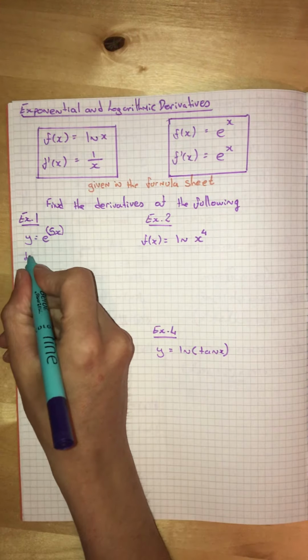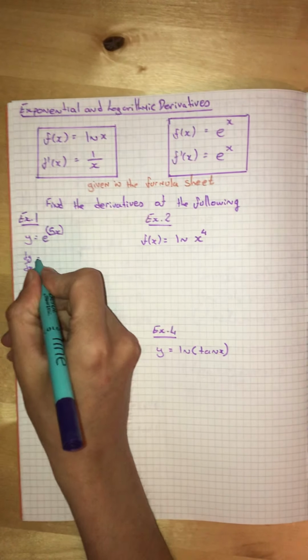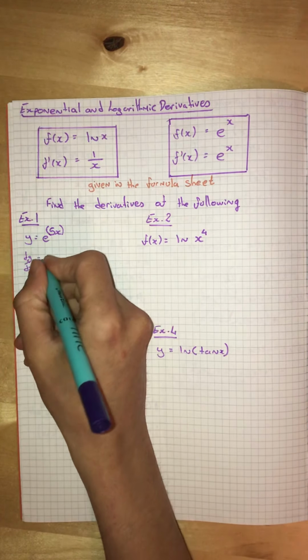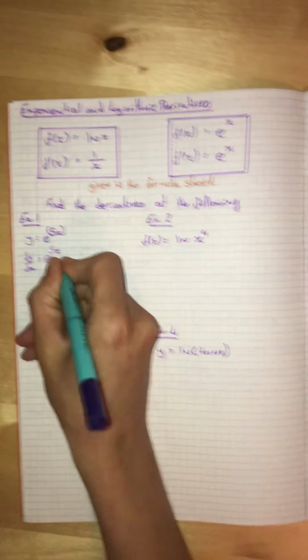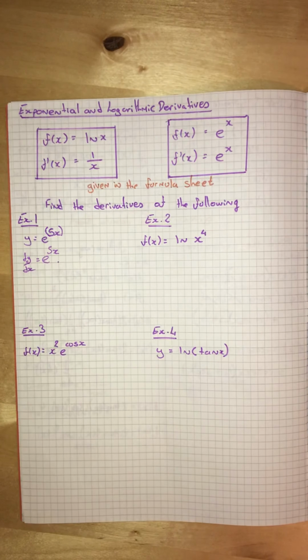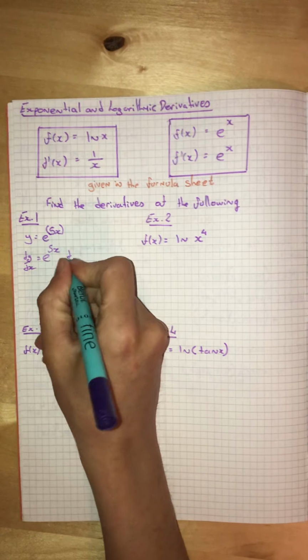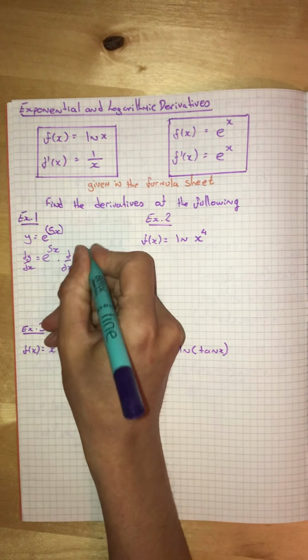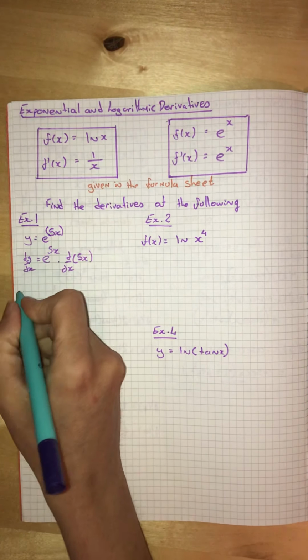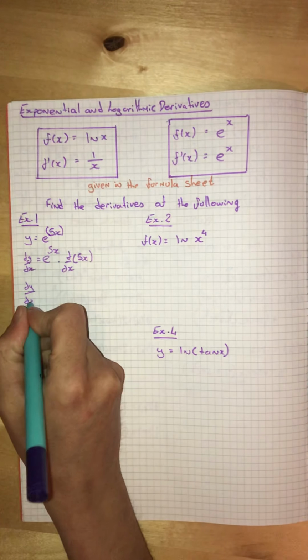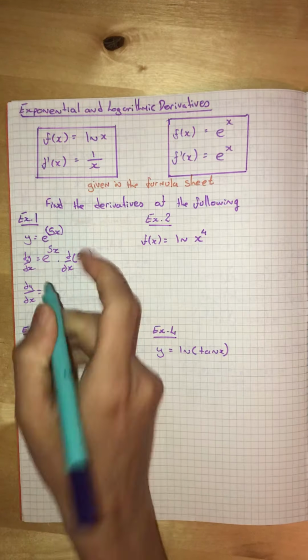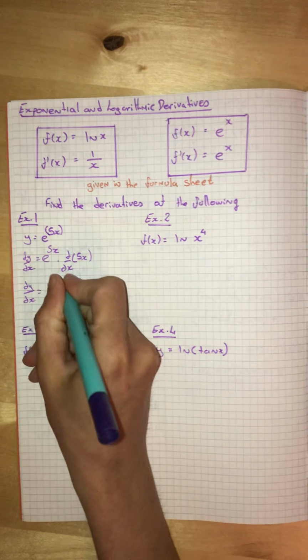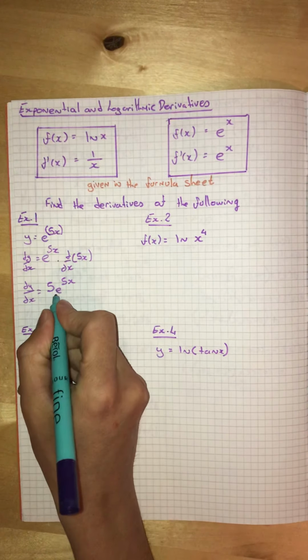So the first thing we're going to do is differentiate the outside function, which just gives us e to the 5x because it differentiates to be the same, but then we need to times it by the derivative of what's inside the brackets, which in this case is 5x, and the derivative of 5x is 5, so it's 5e to the 5x.